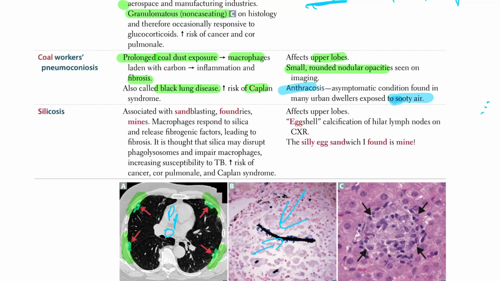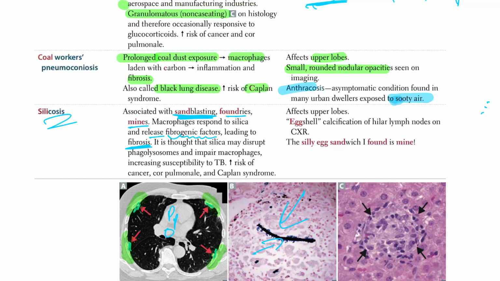Okay, and the next one is silicosis. Silicosis is associated with sandblasting, foundries, mines. Most high yield here is sandblasting. Macrophages respond to the silica and release fibrogenic factors leading to fibrosis.